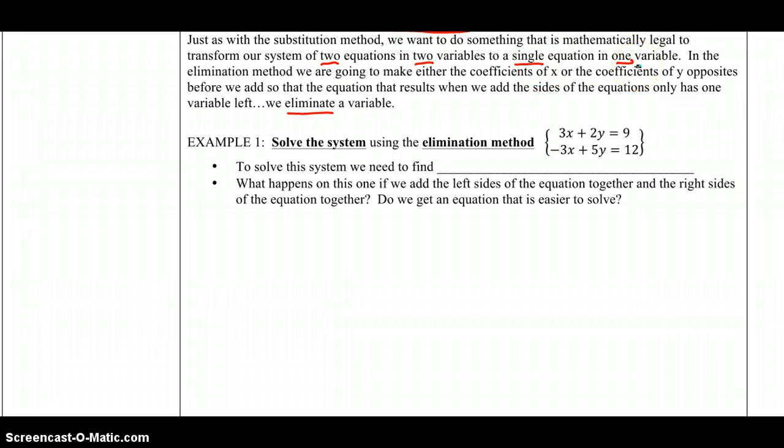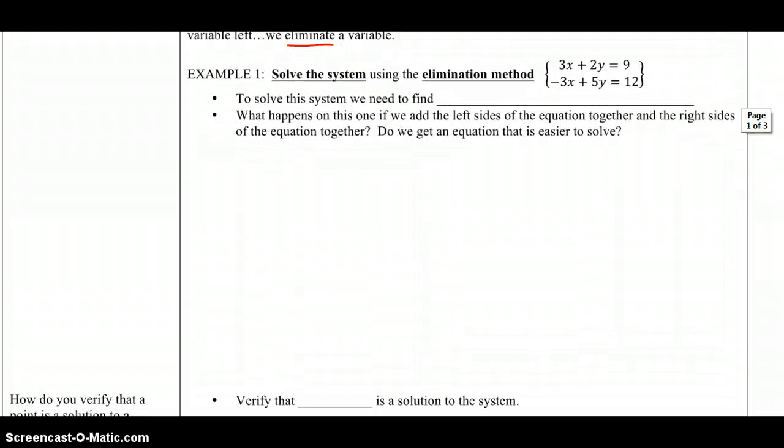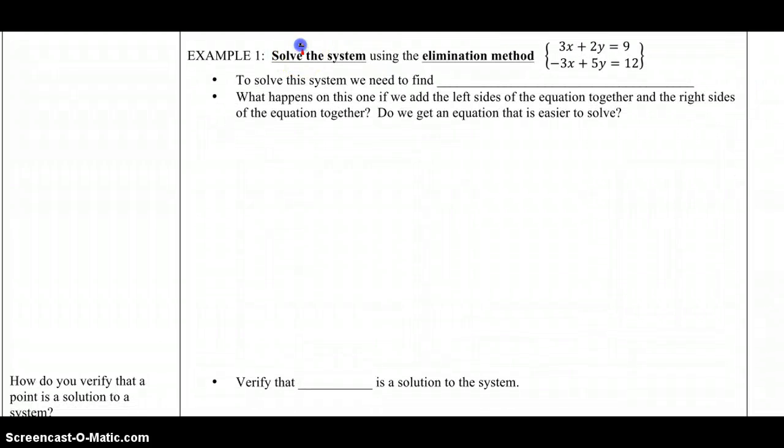Example 1 says to solve the system. If we look at our system, we've got variables x and y. To solve the system means to find all the ordered pairs x comma y that make both equations true.